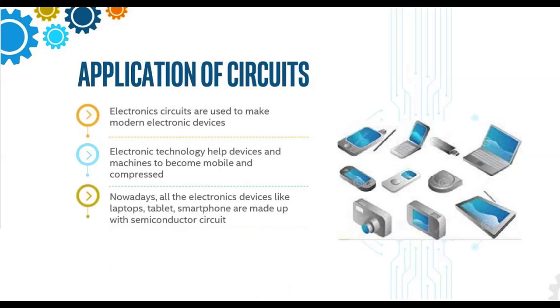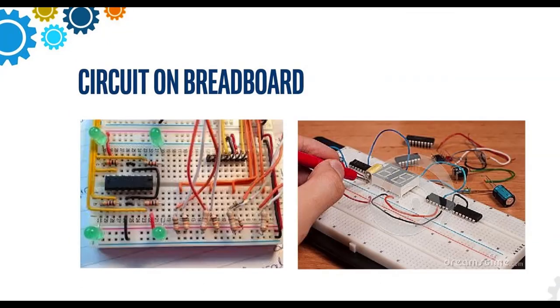Nowadays all electronic devices like laptops, tablets and smartphones are made with semiconductor circuits, and because of that their sizes become small. These are a few examples of electronic circuits, and nowadays the electronics industry is booming, with a lot of demand and growth.